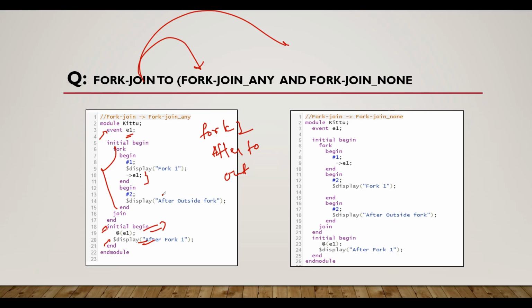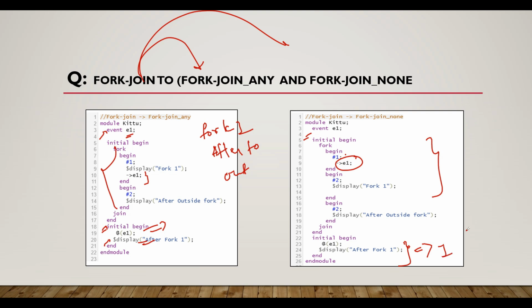And in fork join none also, we have considered one event, and here we have considered two begin end blocks, and you can say three begin end blocks. Our intention was that we don't want to execute any statement from the fork join, we just want to execute the outside statement. Here I haven't written any of the statements; after 1 unit of time this event is triggered, and after that this event is triggered.